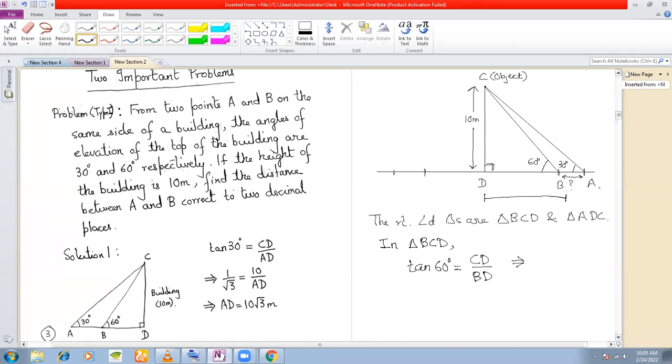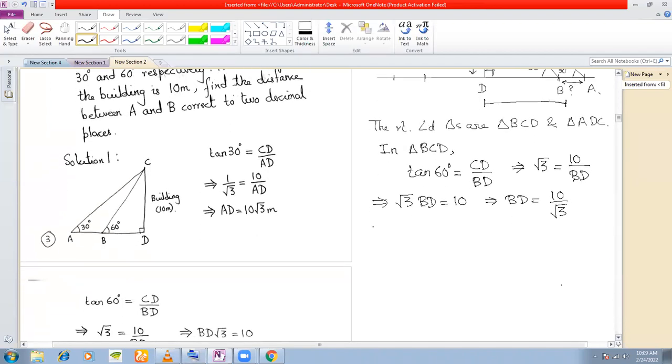And what is the value of tan 60? √3. CD value is given to you, 10. You can find out BD. So you're getting here √3 BD is equal to 10. That means you're getting BD is equal to 10 by √3.